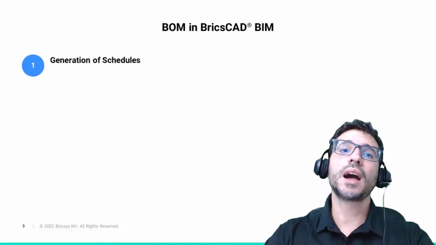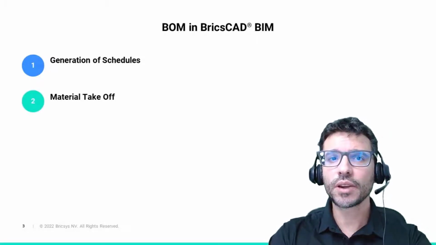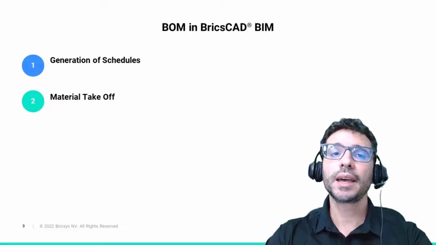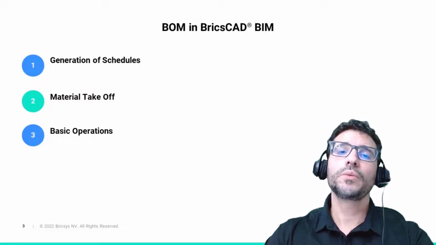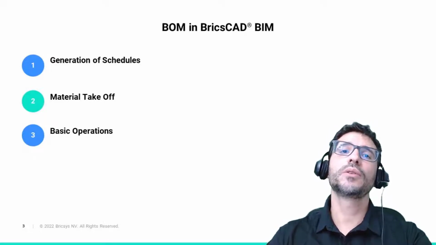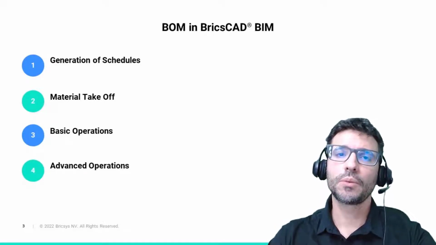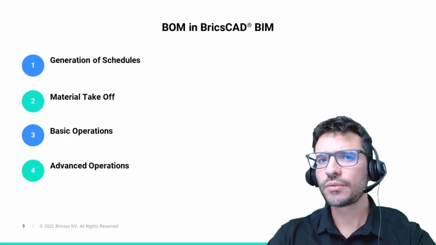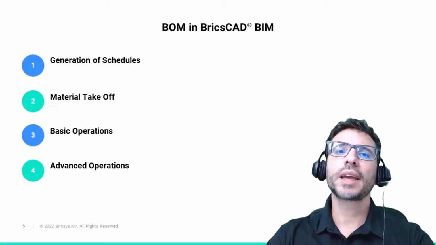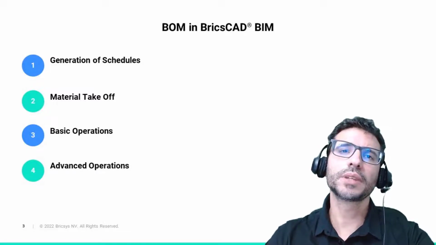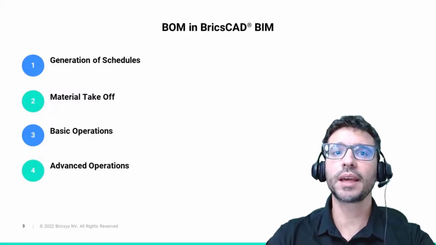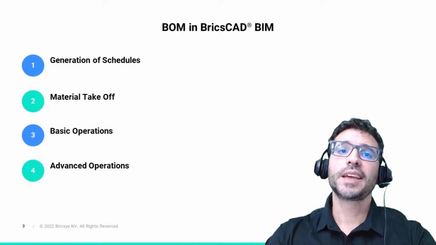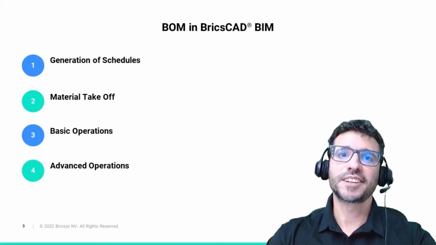We will learn how to extract the necessary amount of information we need using the BricsCAD BIM, and to do so, we will use some basic and also advanced operations. We will see how to sort, how to filter in many different ways, how to aggregate values, how to combine columns, add customized property, and also formula. Please take your seat and let's start.